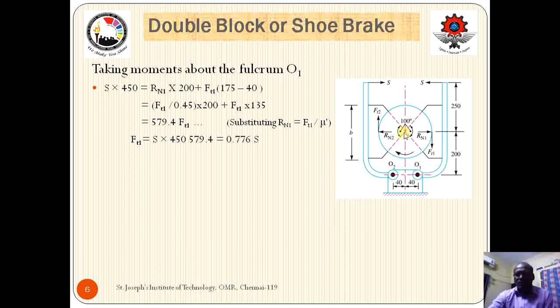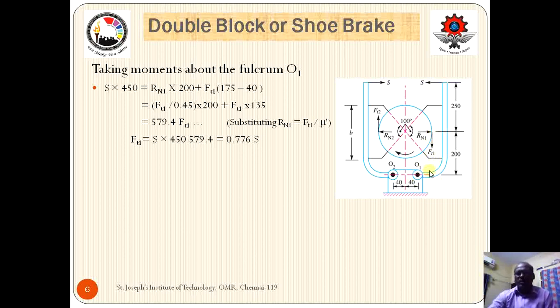So in total we know this value, this is R1, the radius of the brake drum R, and you know the value of 40. The radius of the brake drum is 175, as given in the problem. If you subtract 40 from 175, you will get the distance of O1 to F1.